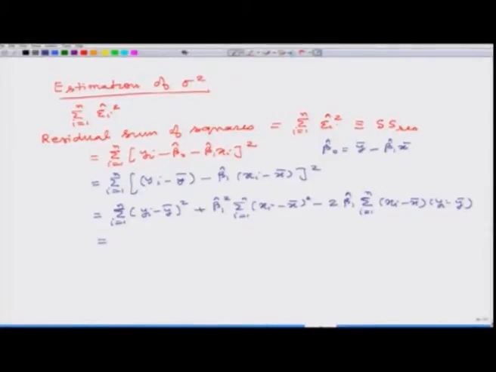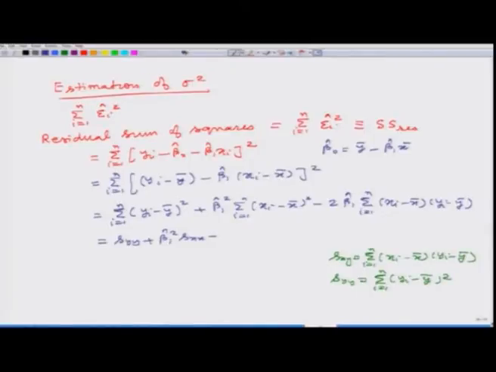If you recall, earlier we had defined the quantity Sxy as the summation i goes from 1 to n of x i minus x bar times y i minus y bar. On the same lines, I can define Syy as the summation i goes from 1 to n of y i minus y bar whole square. So, this quantity now becomes Syy plus beta 1 hat square Sxx minus twice beta 1 hat Sxy.